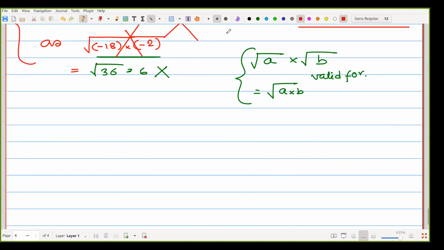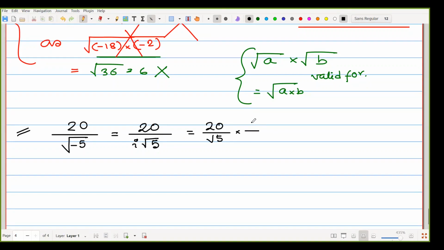Okay, and the very final problem: 20 by square root of minus 5. So it can be written as 20 by i square root of 5. Now it can be once again written using 1 by i. That means we can write it as 20 by square root of 5 into minus i, as reciprocal.